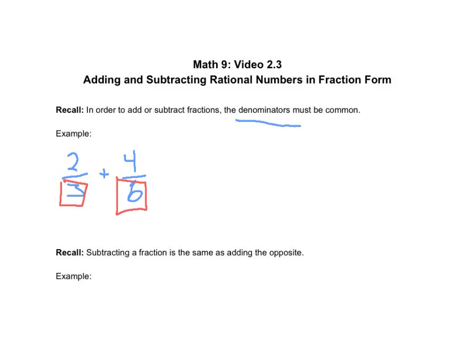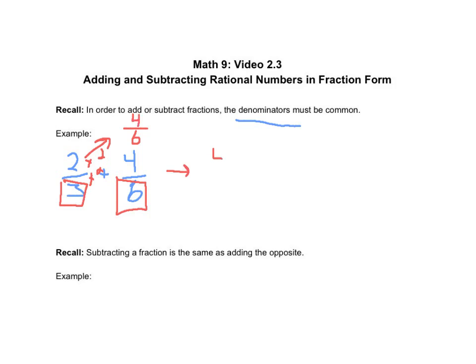We're going to try to find a common denominator. Now, this is a pretty simple example. A common denominator between 3 and 6 would be 6. So we could convert this 2/3 into an equivalent fraction that now has the denominator of 6. In order to do that, we would have to multiply each of the numerator and the denominator by 2. So the equivalent fraction would be 4/6.